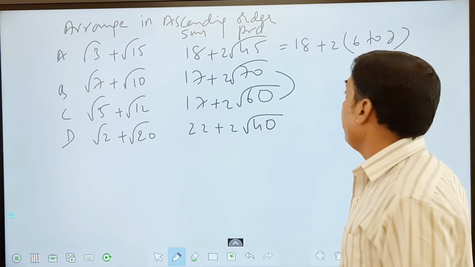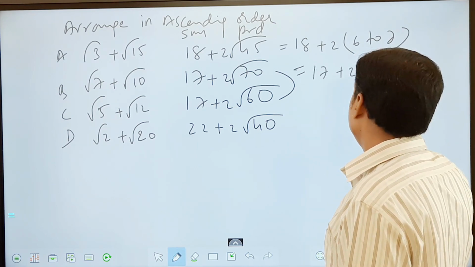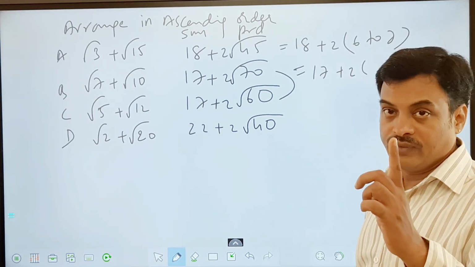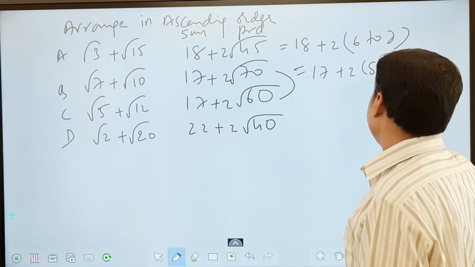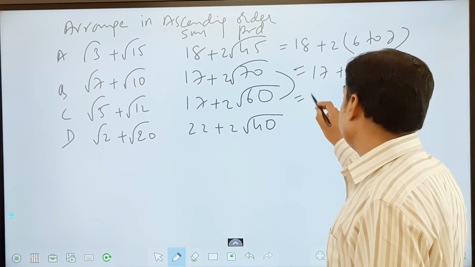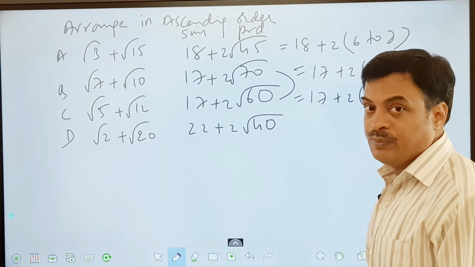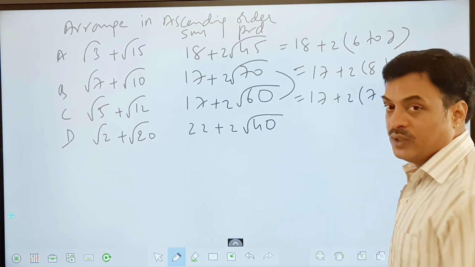Similarly, the next one is 17 plus 2 into root 70, which lies between 64 and 81, that is 8 to 9. And the next one, 17 plus 2 into root 60, lies between 49 and 64, that is 7 to 8.